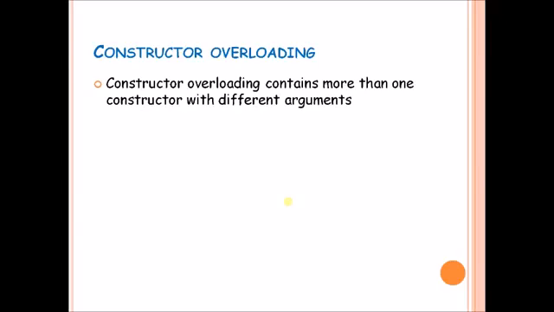For example, in the example program that we have seen, that is to find the volume of a box, the attributes might change. If all the attributes have an equal value, then it becomes a cube and you need to calculate the volume of the cube.